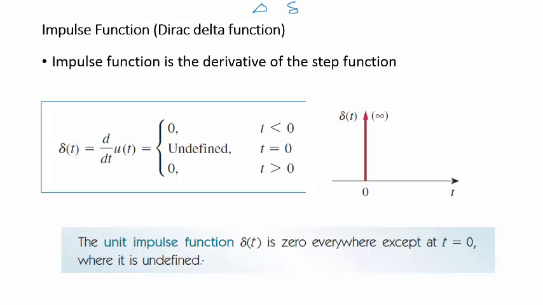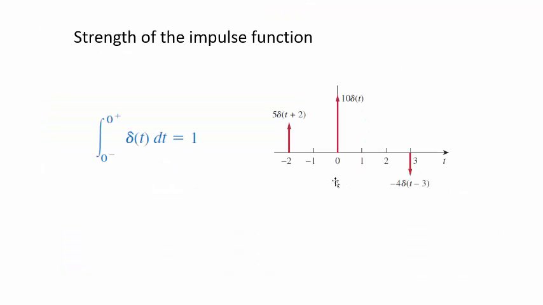The unit impulse function or delta function is 0 everywhere except at t equals 0, where it's actually undefined because it goes to infinity. It may be undefined at that point, as shown right here, but it has an area.